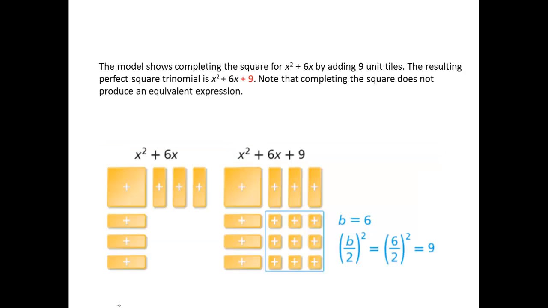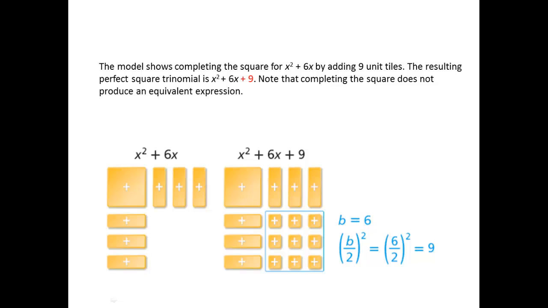Let's look at this again with our algebra tiles. So let's say we just have x squared plus 6x. Okay, here's our x squared, plus we have 1, 2, 3, 4, 5, 6 x's. If we want to complete the square, we have to look and see we have 1, 2, 3, 4, 5, 6, 7, 8, 9 spaces that we can fill here to complete the square. And we get those 9 by doing half of 6 and squaring it.